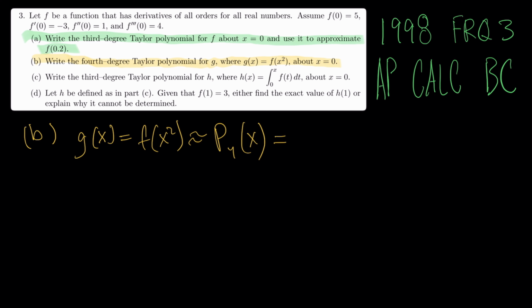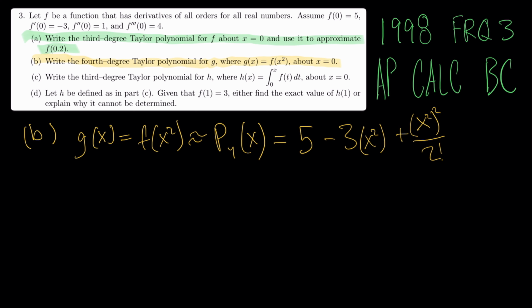So I have 5 minus 3, and then substituting x squared, and then I have plus x squared squared over 2 factorial. And this is it.